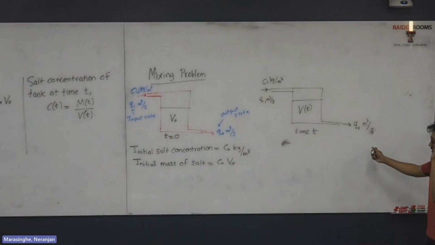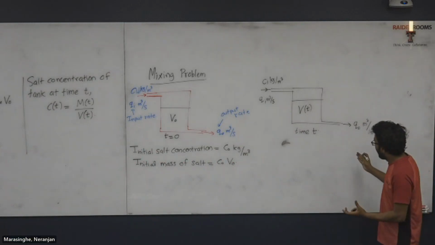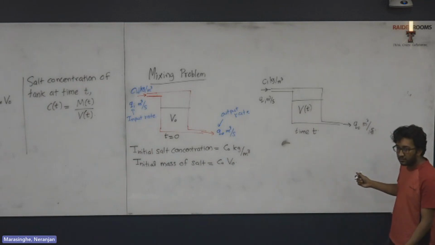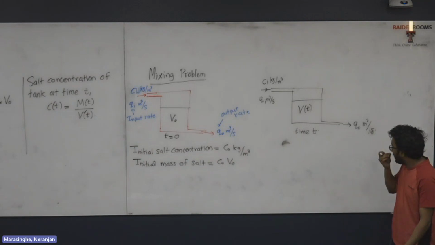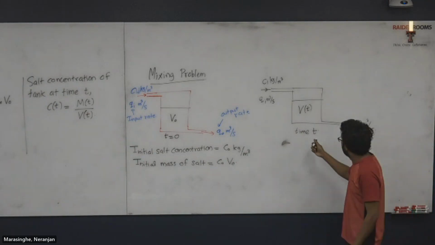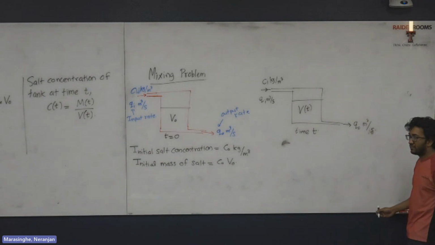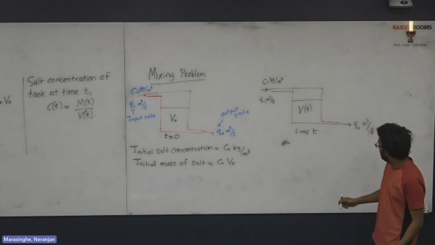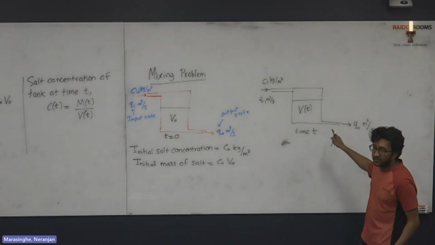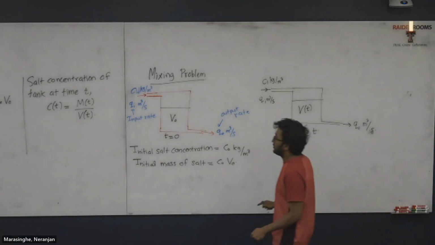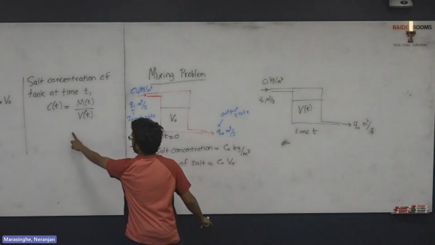Now, can you tell me what is the mass of the salt that would go out of the tank within 1 second? At what rate would salt go out of this tank? Q naught times C(t).